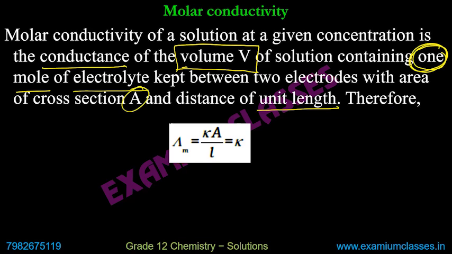So in this case, for molar conductivity, you need to understand just 2 points: it will always have 1 mole of electrolyte, and volume will be something V. Volume will not be unit.